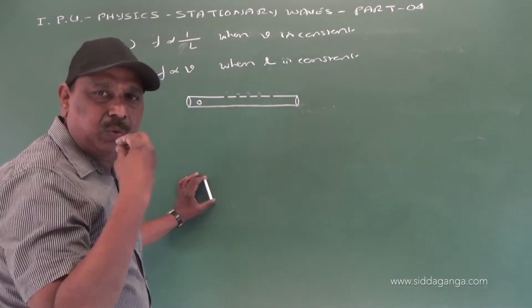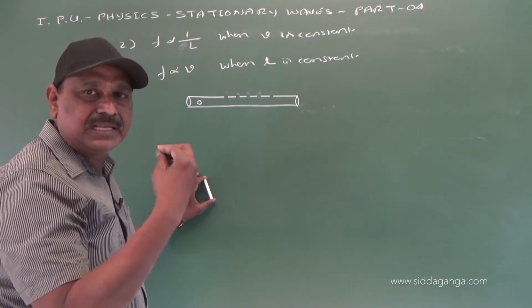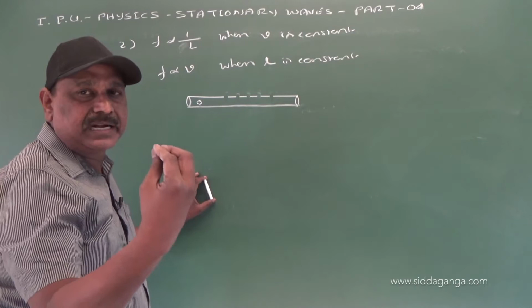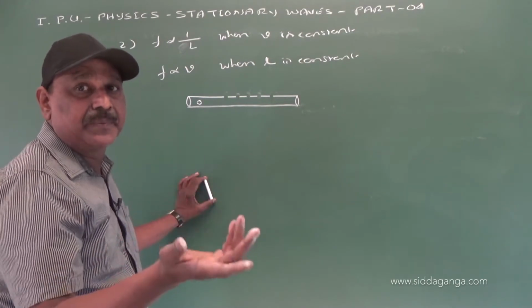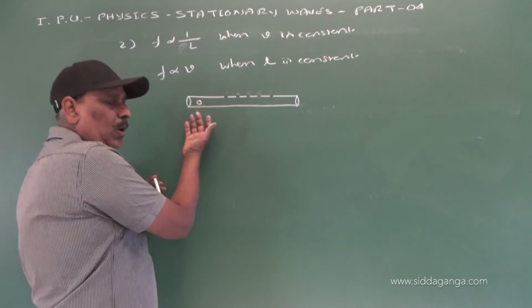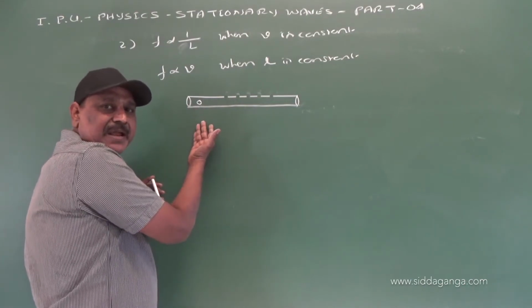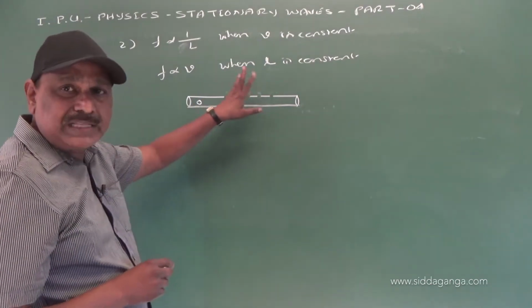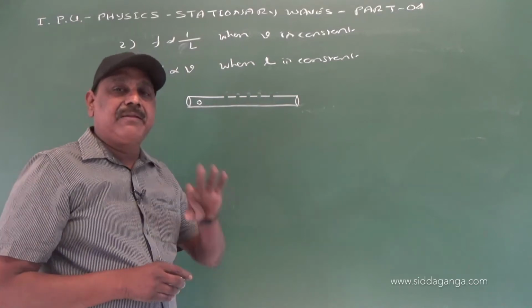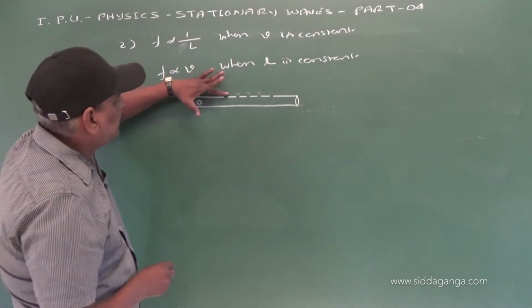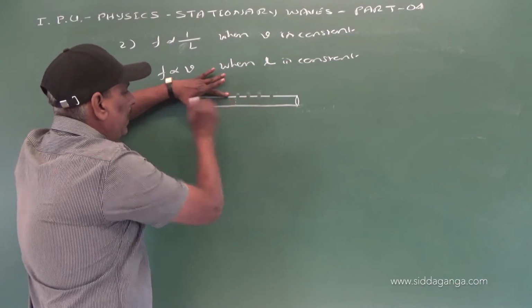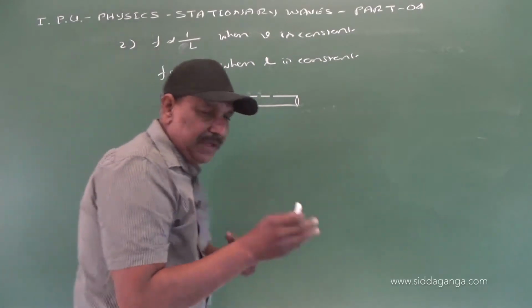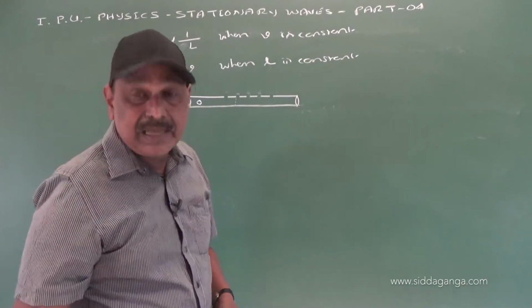The person who plays the flute will vary the speed of blow. We know that the velocity of sound increases in the direction of wind, that becomes V plus W. If we blow the air with very high speed, then the velocity of sound will increase, and by closing the different holes, they can vary the length. Suppose he closes here, then this length will vibrate, or otherwise if we open it, this length will vibrate. So just by opening and closing, we can vary the length.